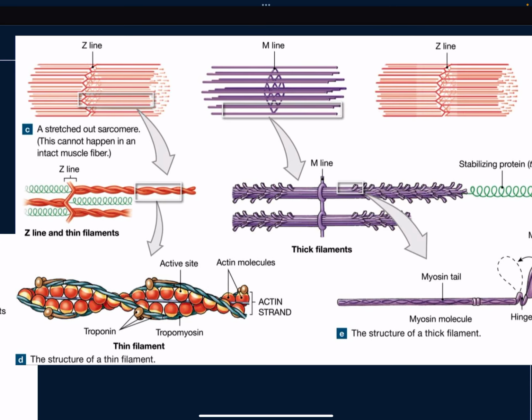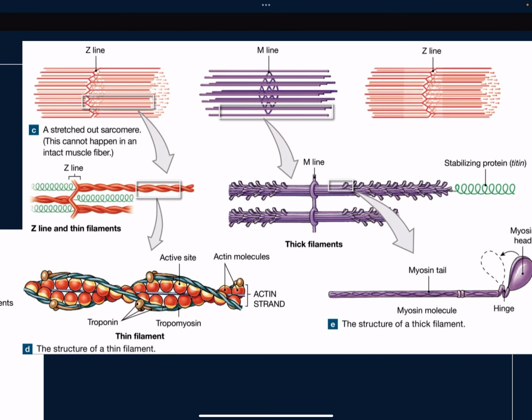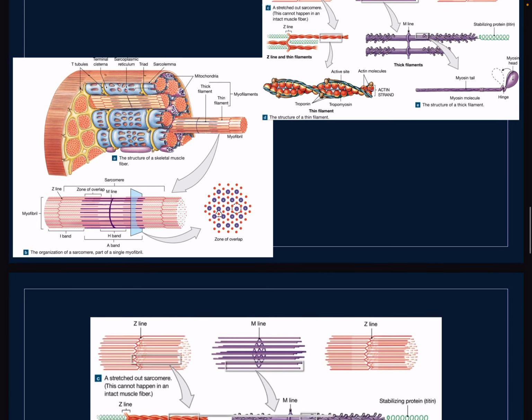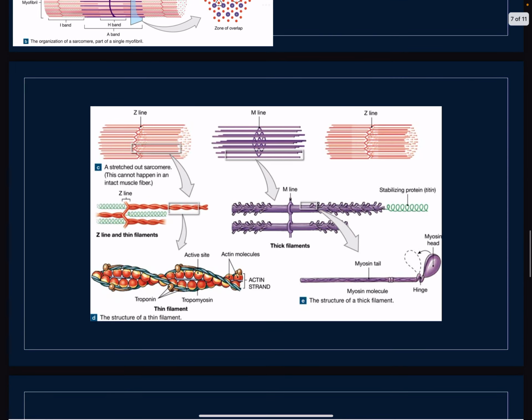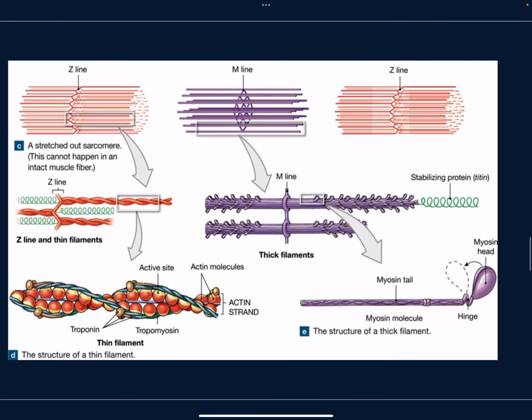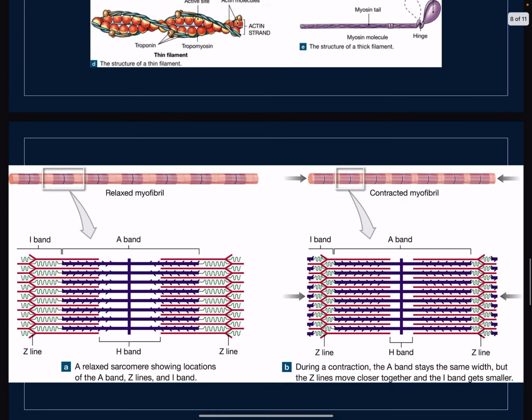When we get to the M lines, this is what the thick filaments are made up of, the structure is going to be in these M lines, while the Z lines are going to be in thin filaments. This is the same image. So the filaments are going to contain the proteins that bind during contraction, and we're going to talk about that in a second.